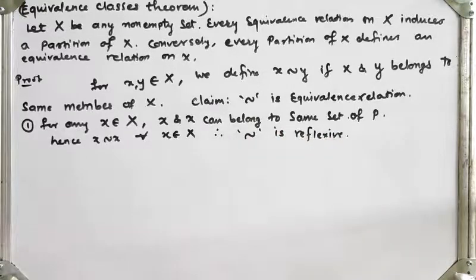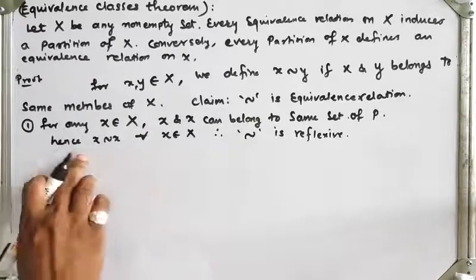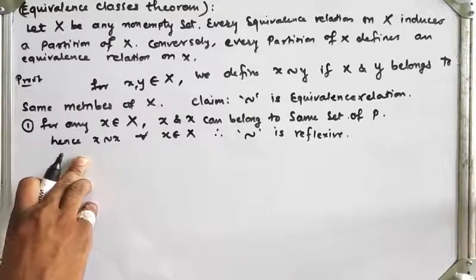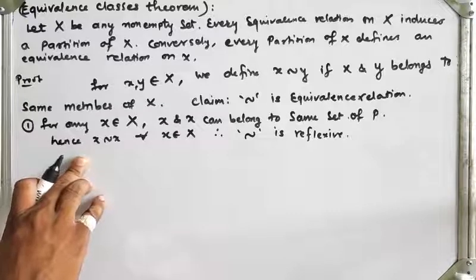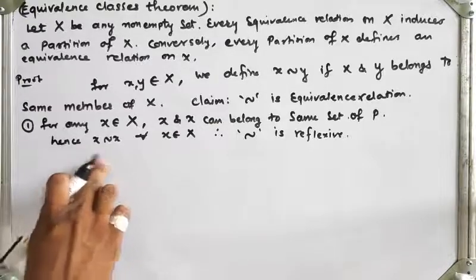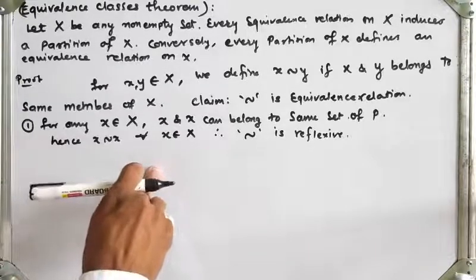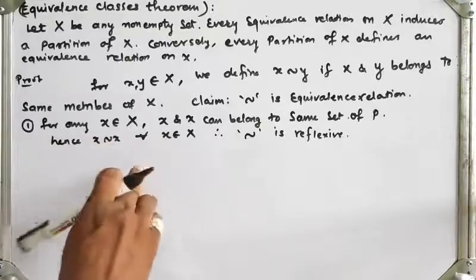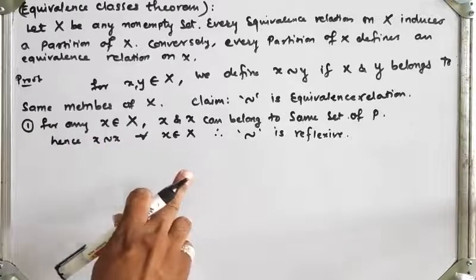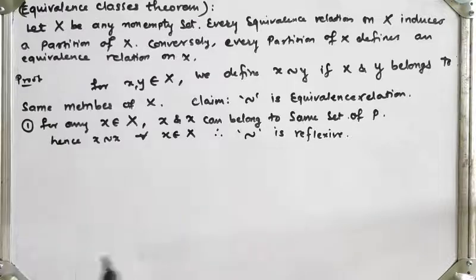Now second condition, we show that tilde is symmetric. Take any two elements: if x is equivalent to y, meaning x and y belong to the same member, then we have to show that y tilde x, meaning y and x also belong to the same set.